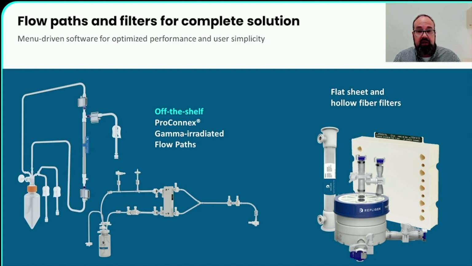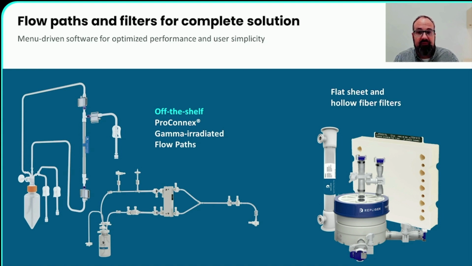Our membranes are low binding with very high flux rates for high process yields. Our single-use cassettes offer unparalleled savings, and our gamma irradiated closed single-use CS line adds additional time savings and value to your process. Did I mention our ProConnex line can customize any flow path to your requirements for tubing, fittings, and even filters for consistent, repeatable processing?